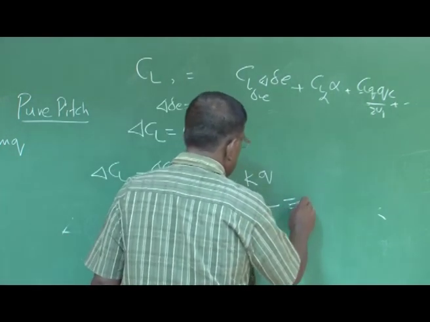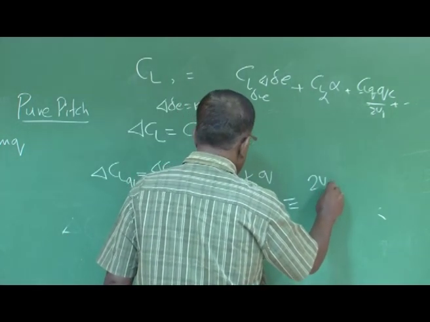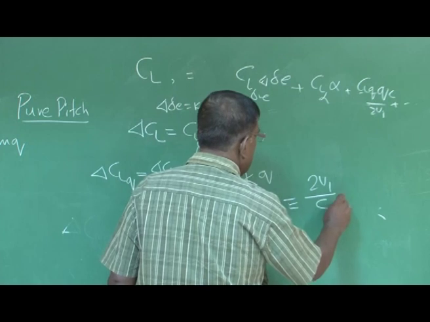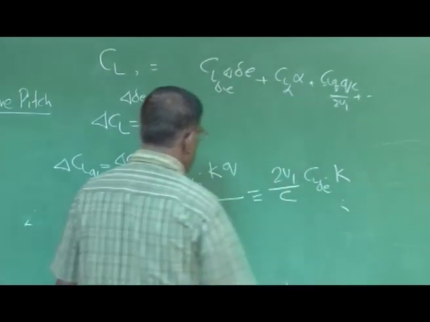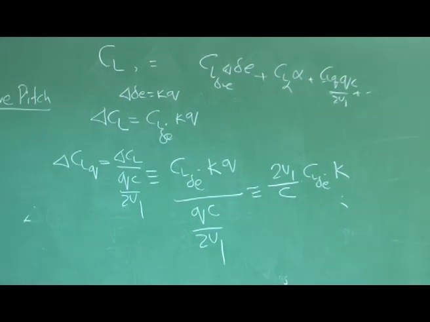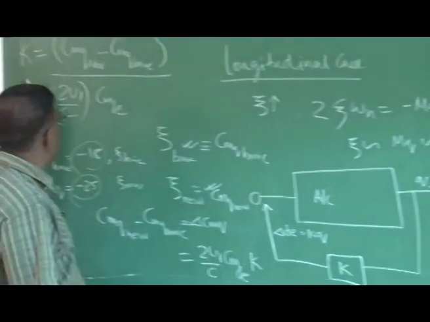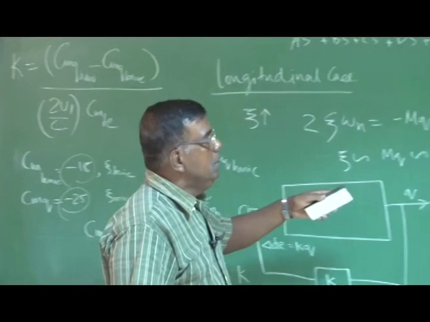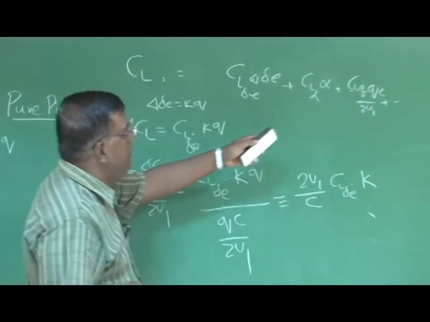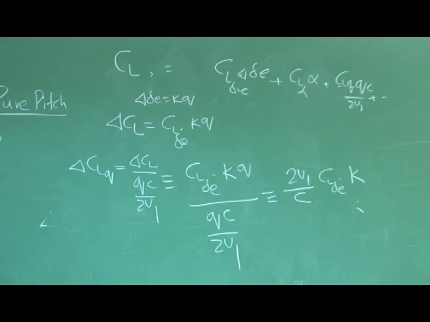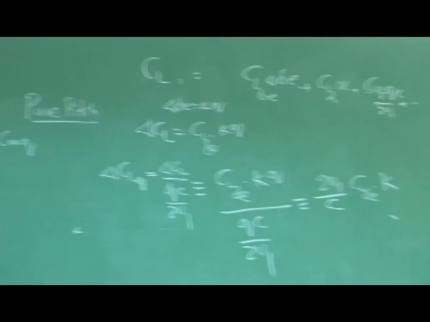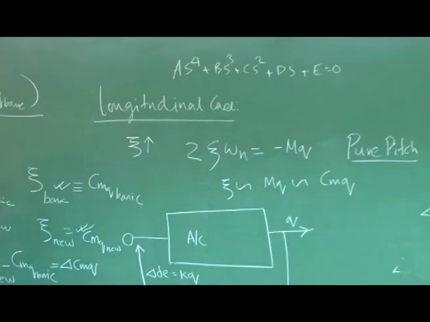So this becomes 2U1 by C, CL delta E into K. So whatever K you have identified from here, make sure this CLQ, which was basic, also gets altered by this delta CLQ, which you have to correct once you are solving these exact equations, right?